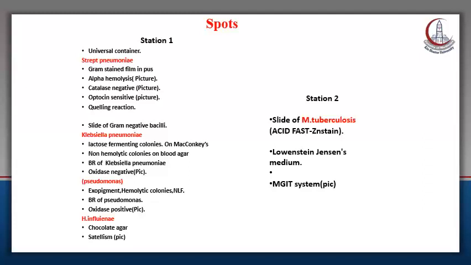For case scenario 2, we had a patient with pulmonary tuberculosis.